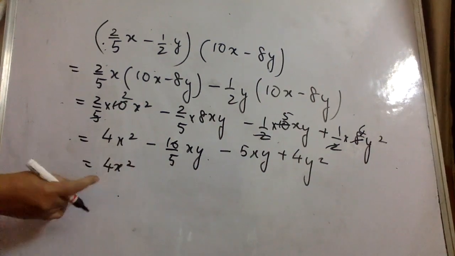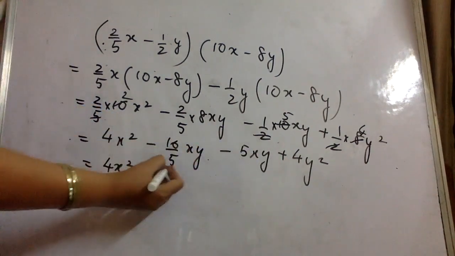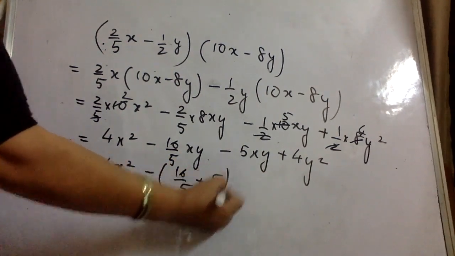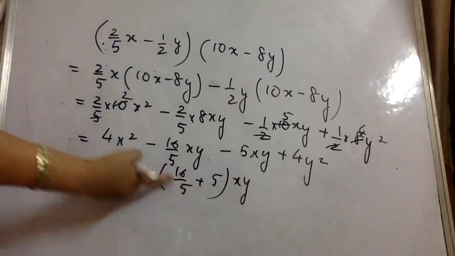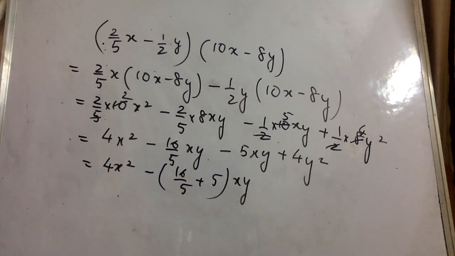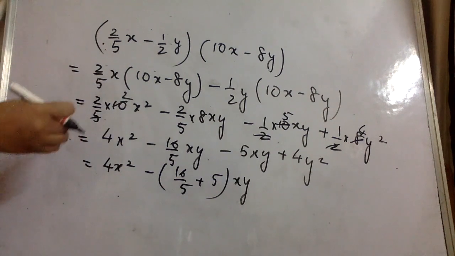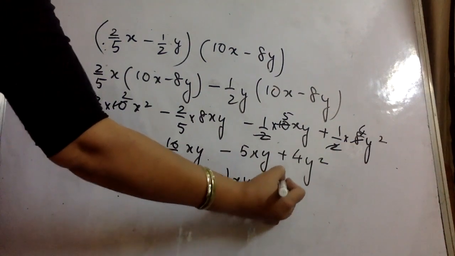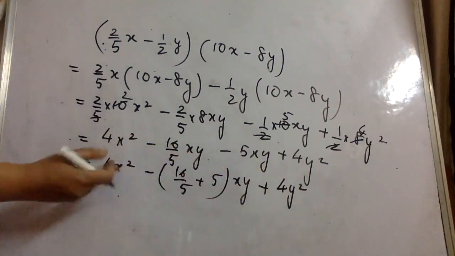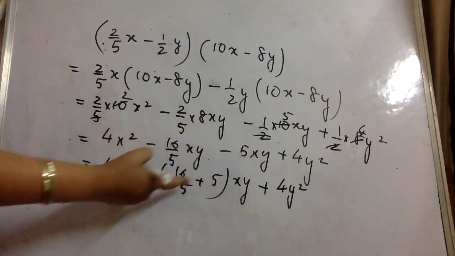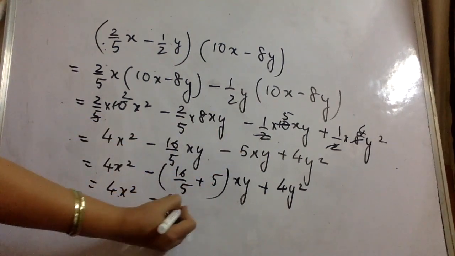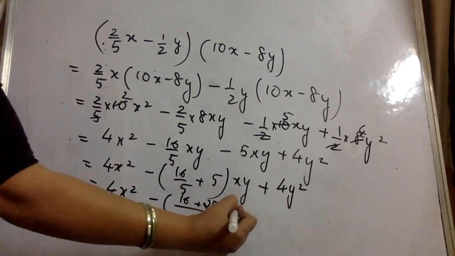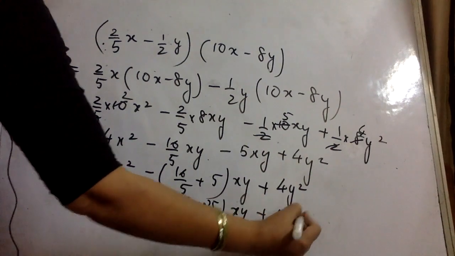Copy this term, this is unlike, minus, now keep the minus out, 16 by 5 plus 5 and put the xy here because I need to add this fraction. If you are finding it tough, you can see my video on addition of fractions. Plus 4y square. These are all unlike now. Only these two were like, so I have done this addition. This is minus, LCM is 5, 16 plus 25, xy plus 4y square.